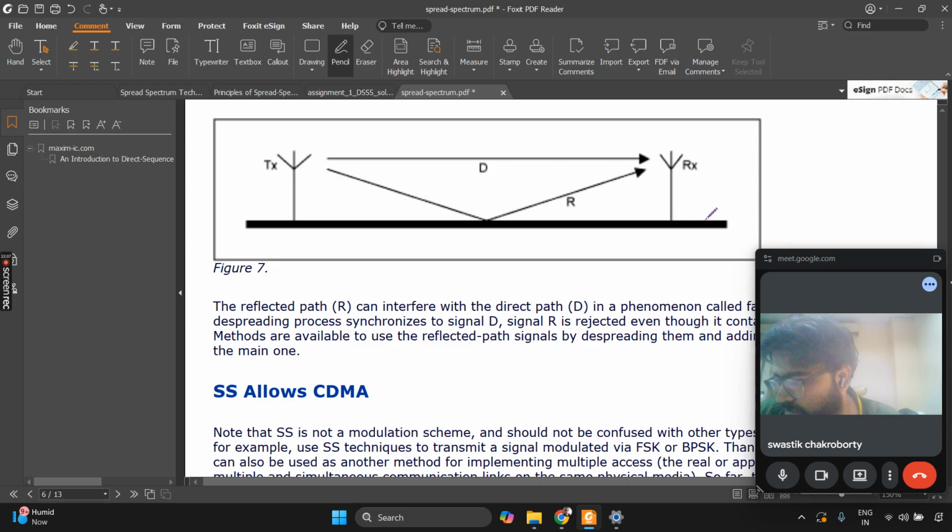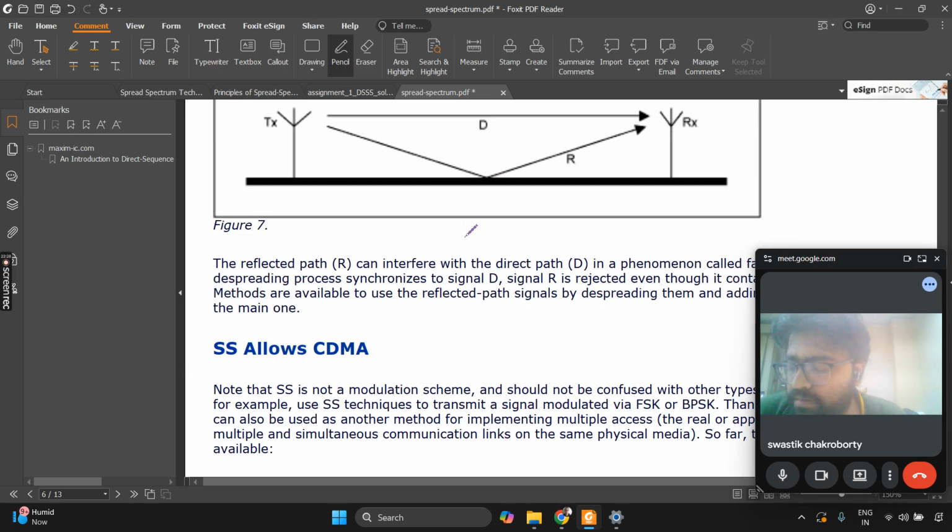This is called fading. But this fading is mitigated because the reflected signal is rejected in its entirety. Why is it rejected in spread spectrum? Because spread spectrum has a unique key, and that key can only unlock the signal.